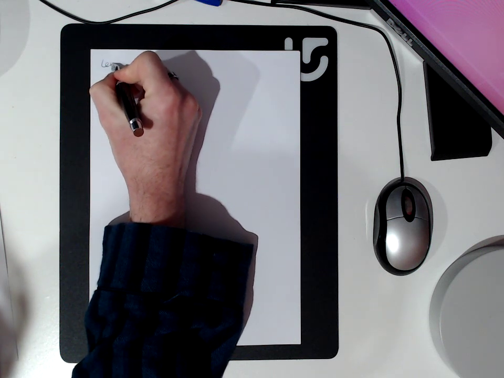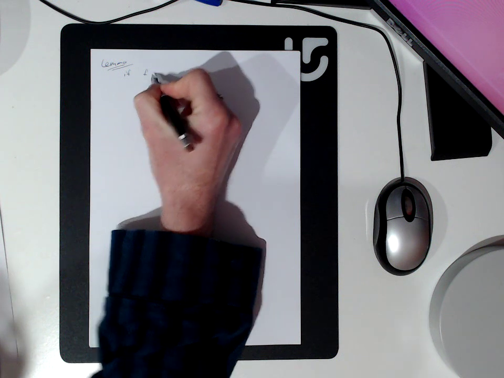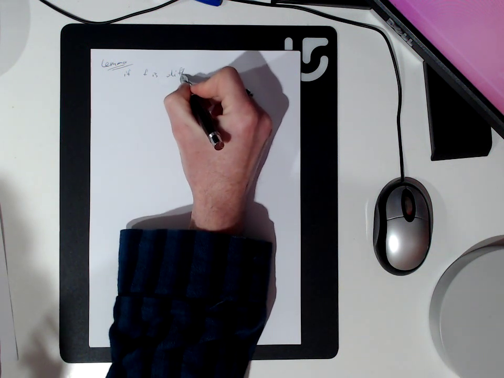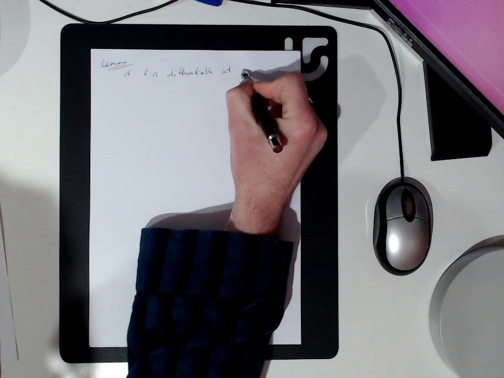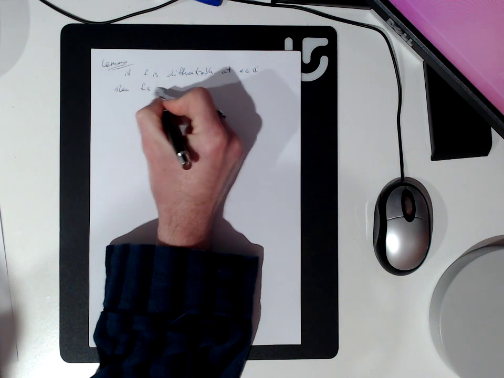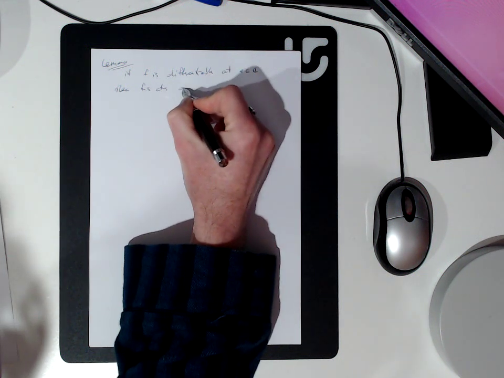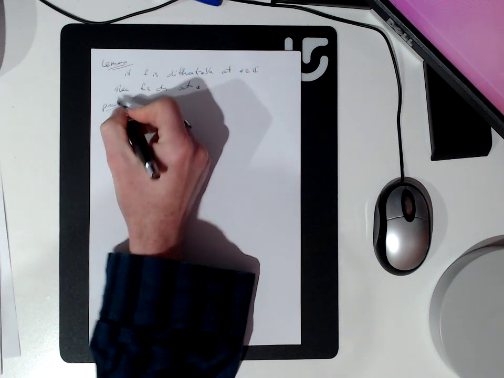So, lemma: if f is differentiable at A inside C, then f is continuous at A. Just the same as for real functions. Proof.